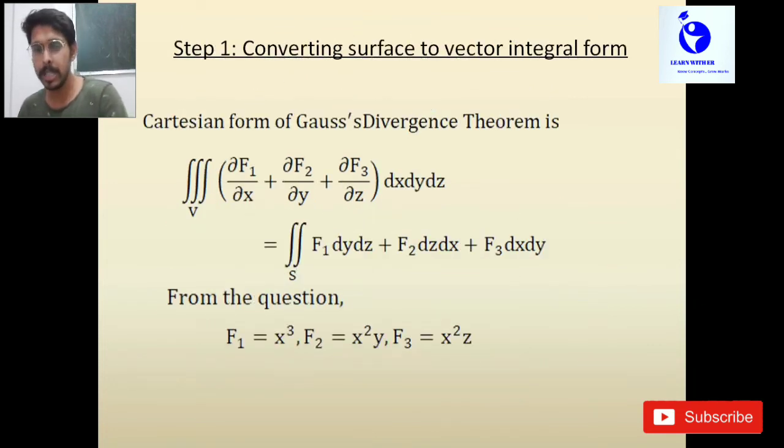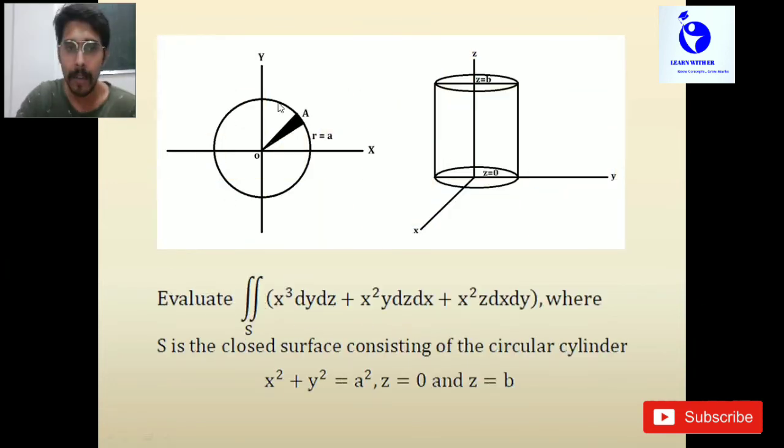As you can see here, we have two diagrams. The first diagram represents the cylinder, and the second diagram is just the circular region which has been drawn here. If you focus on this, the circular region has a radius r equal to a, because according to the equation r is equal to a, and the limits for z are 0 to b, which has already been mentioned.